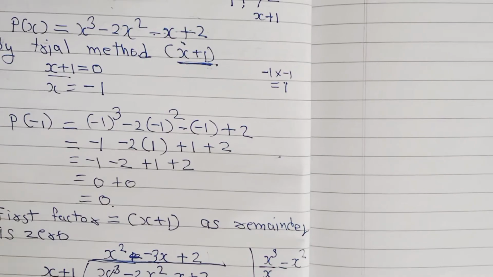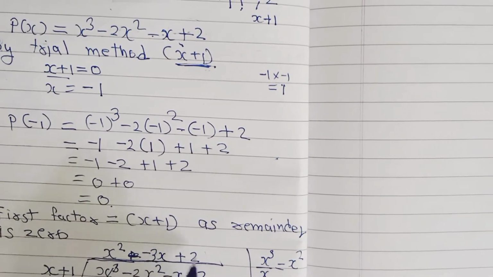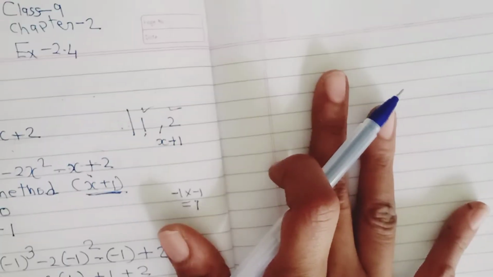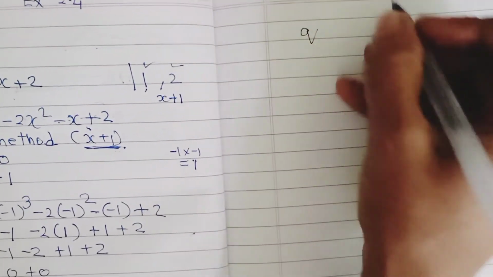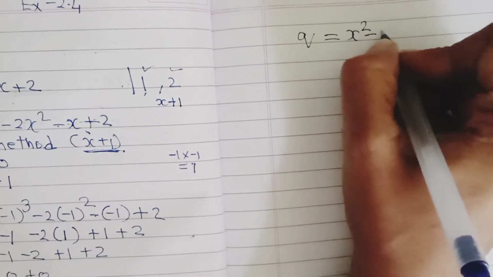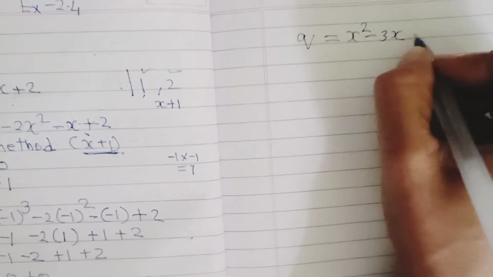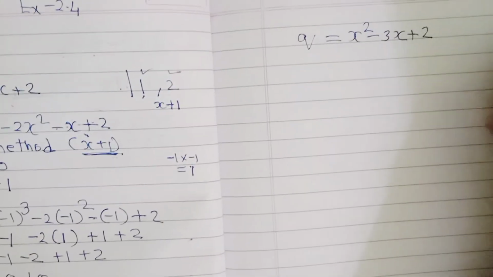So here now, this is the quotient that we have gotten. This is a new quadratic polynomial that we will use here and factorize it. So the quotient is equal to x square minus 3x plus 2. So this polynomial now I'm going to factorize as we did earlier.